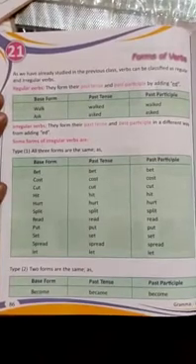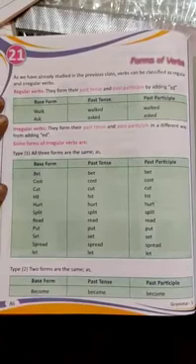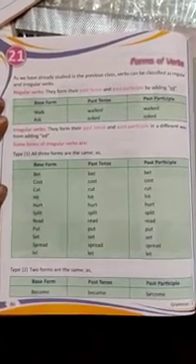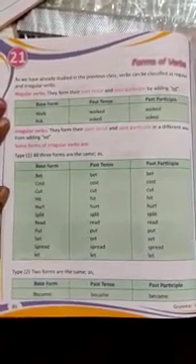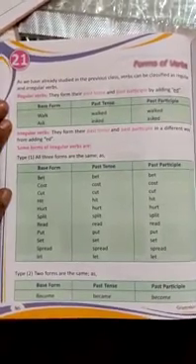There are two forms of the verb: regular verbs and irregular verbs. Regular verbs form their past tense and past participle by adding ed at the end of the word, as you see over here. Walk, walked, walked.